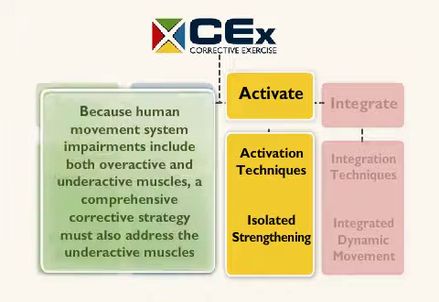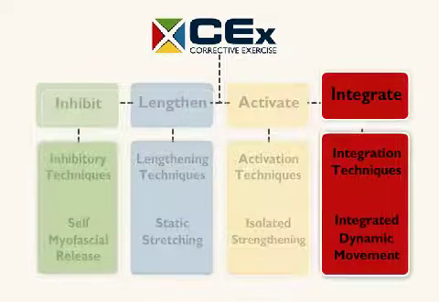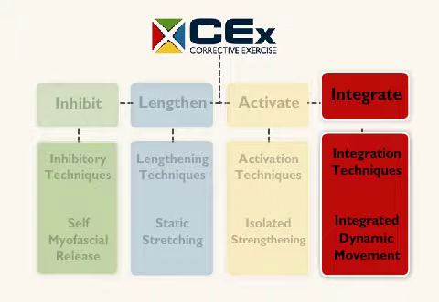Because human movement system impairments include both overactive and underactive muscles, a comprehensive corrective strategy must also address the underactive muscles. The final phase of the corrective exercise continuum culminates with integration techniques. Integration techniques are used to re-educate the entire human movement system back into a functional, synergistic movement pattern.